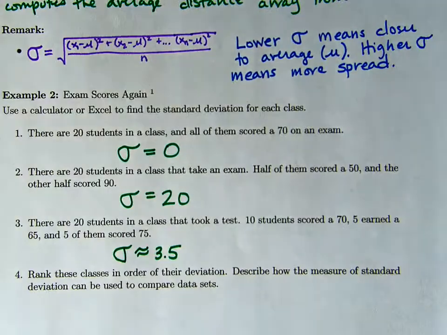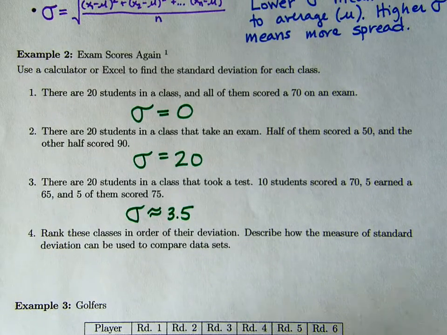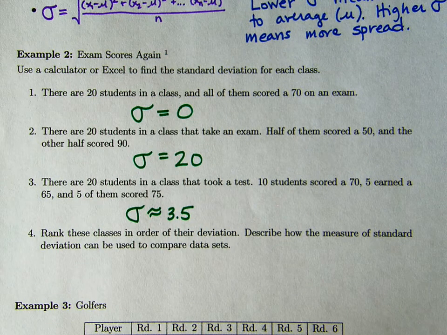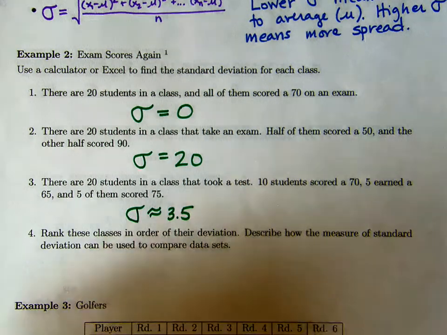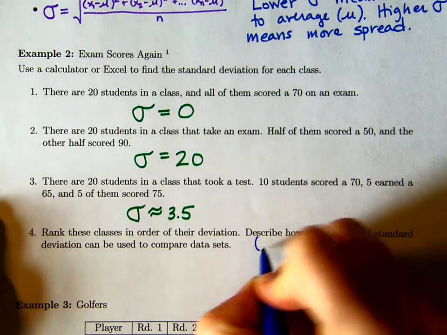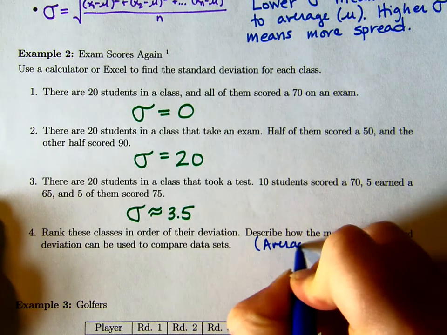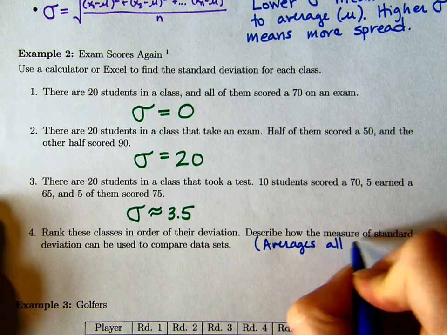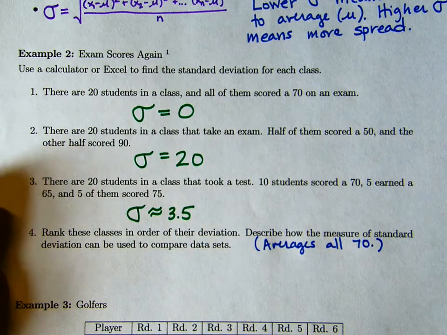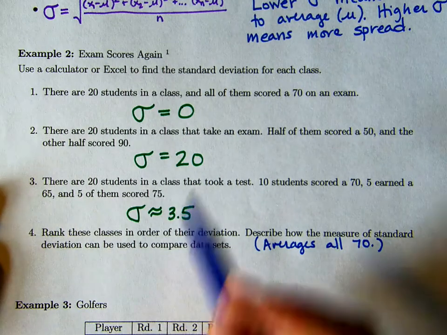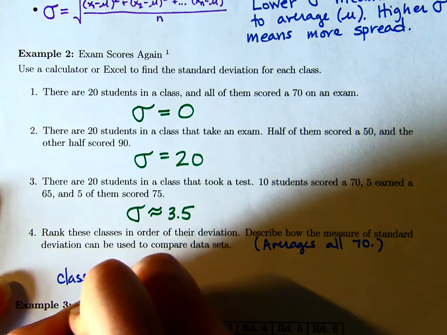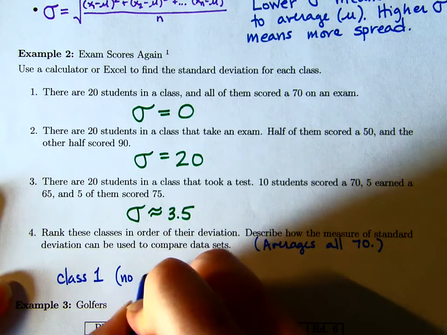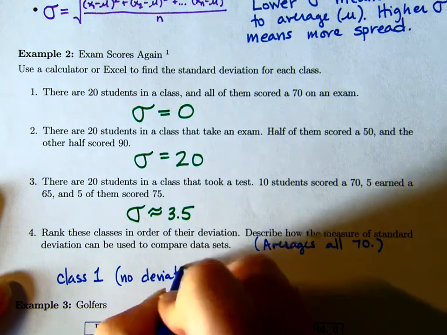Oopsie, my bad. Rank these classes in order of their deviation. Describe how the measure of standard deviation can be used to compare data sets. Well, first of all, not asked for, the average of each one of them was 70. So they all had the same class average, except if we rank these, we would go class 1, no deviation from the class average.